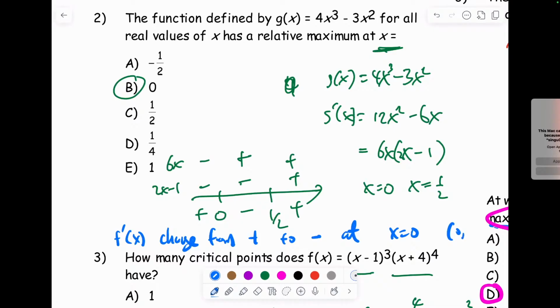So 0 comma f of 0 is a relative maximum. Now this on the AP exam is going to give you a point. On the FRQ, this sentence will give you a point. You do not write an essay, you write the first derivative test. I'm going to say that over and over again. Please write this. This is how you earn a point.